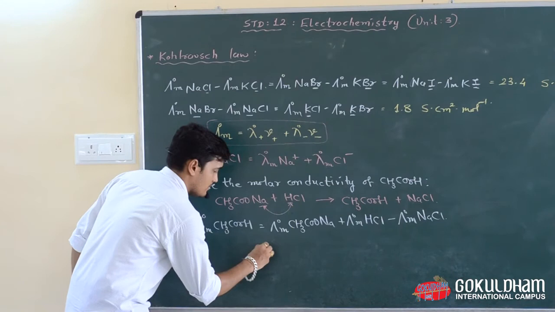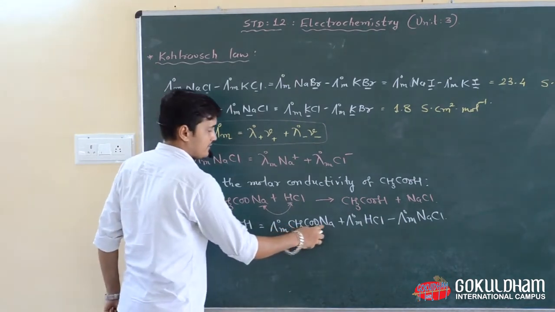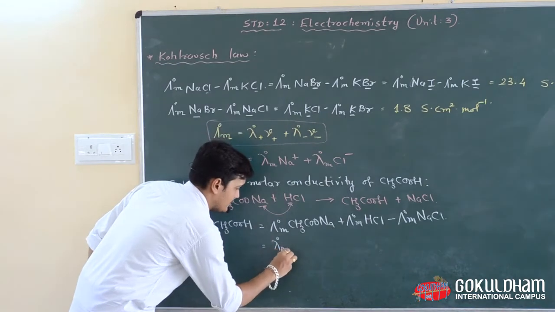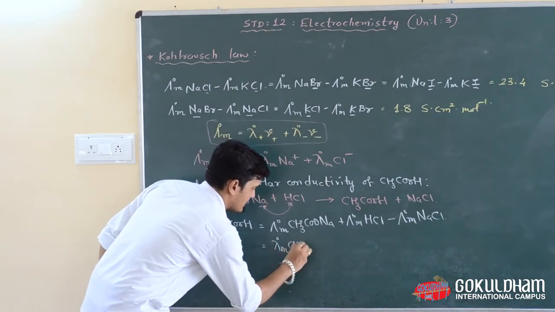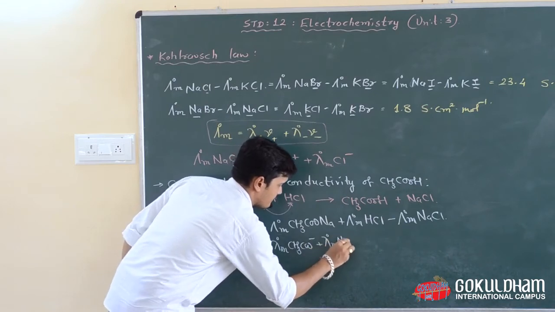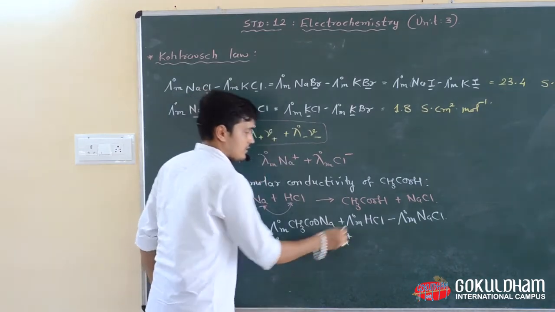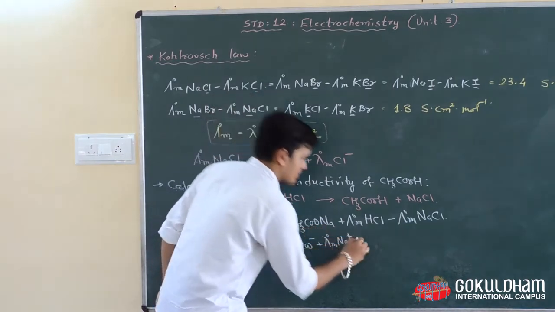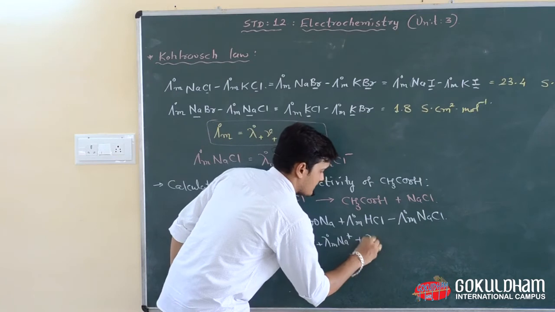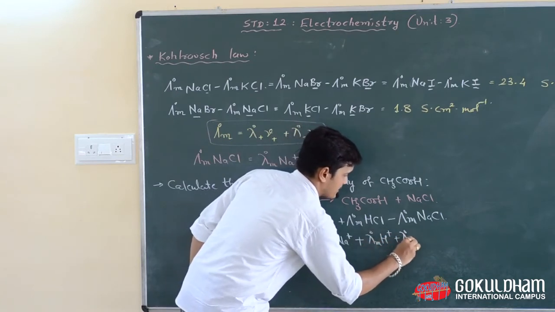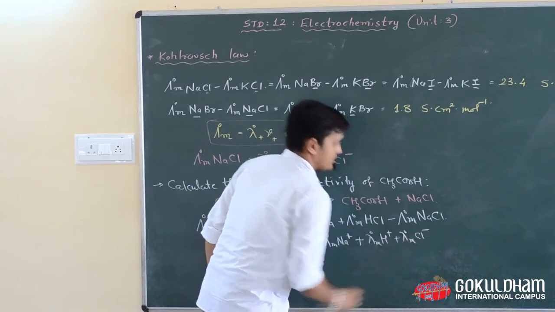Now each dissociates into positive and negative ions. So we can write lambda 0 m CH3COO minus plus lambda 0 m Na plus. These two are the ions of sodium acetate. Plus lambda 0 m H plus plus lambda 0 m Cl minus.